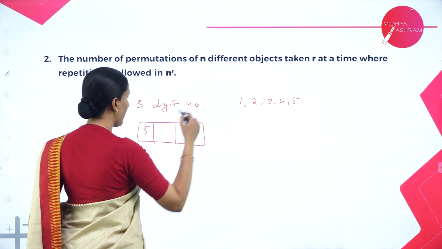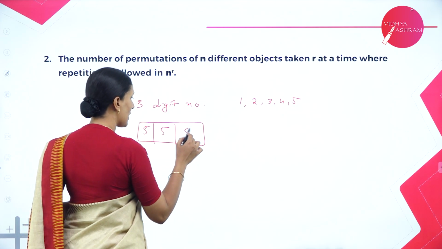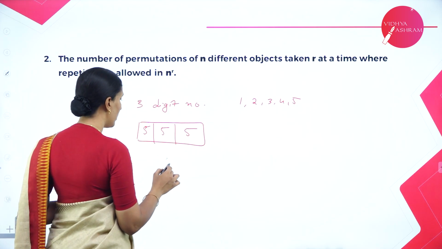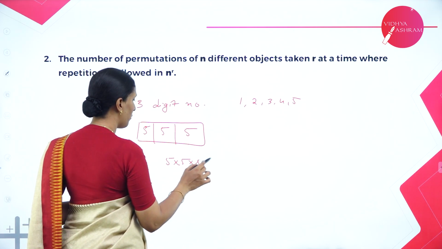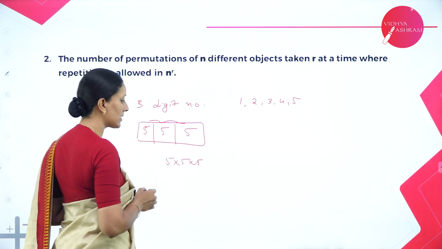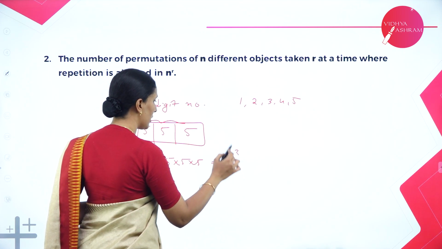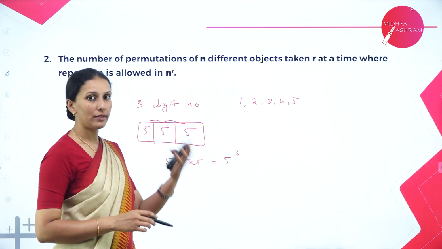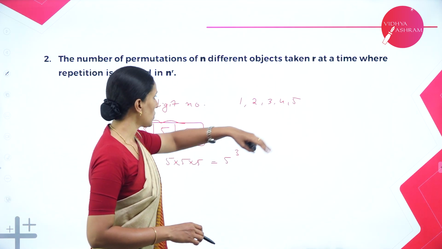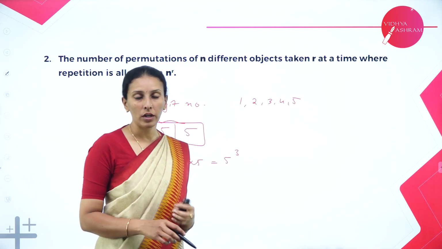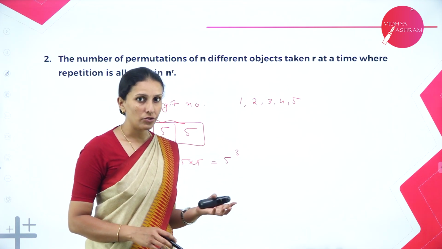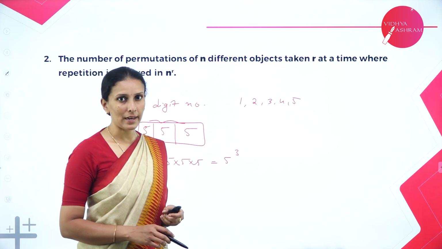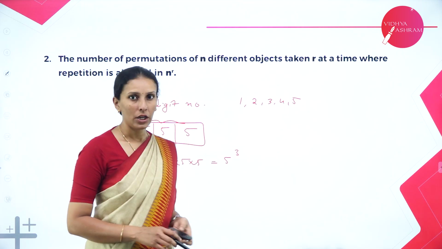I can use all the 5 numbers in the tens place as well as the units place. Therefore it is 5 into 5 into 5. Since a 3-digit number has to be formed, this is equal to 5 cube. So here I need to choose a 3-digit number where I can use all the 5 digits. Therefore, there are 5 digits where 3 digits have to be selected. Therefore it is 5 cube.